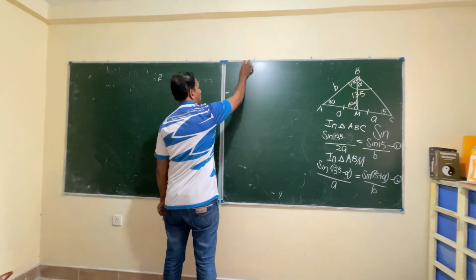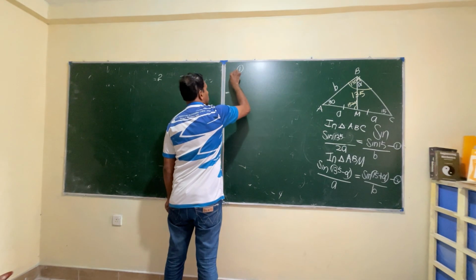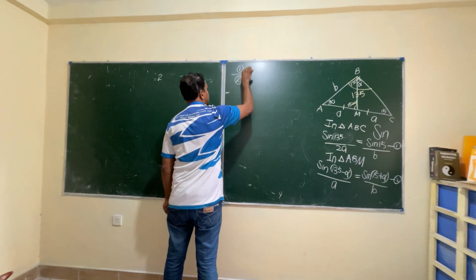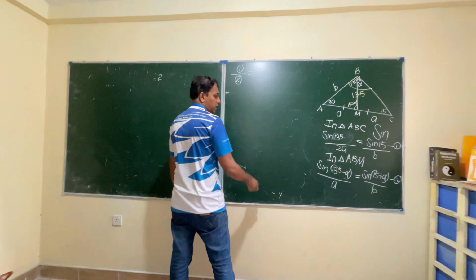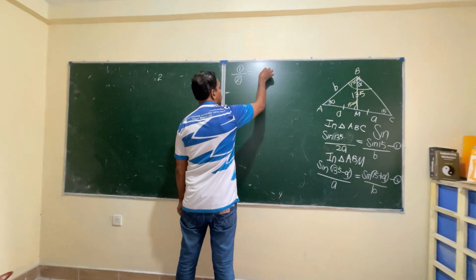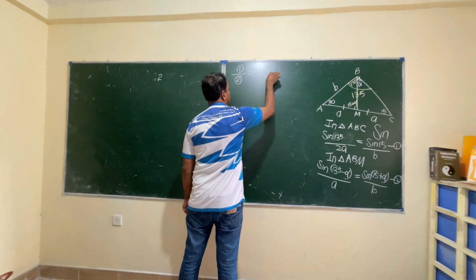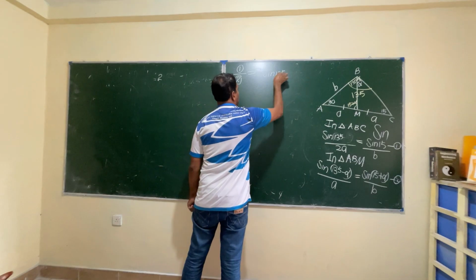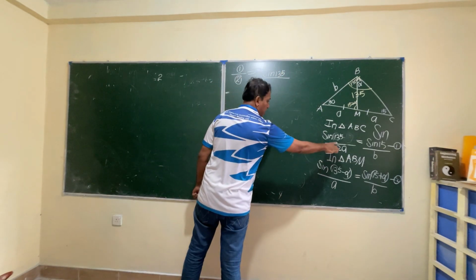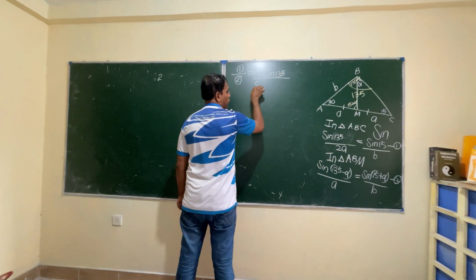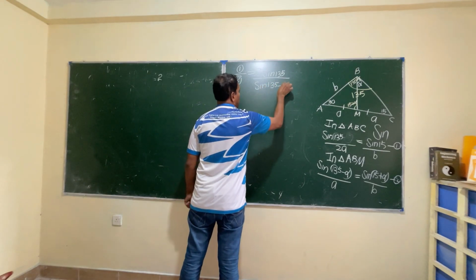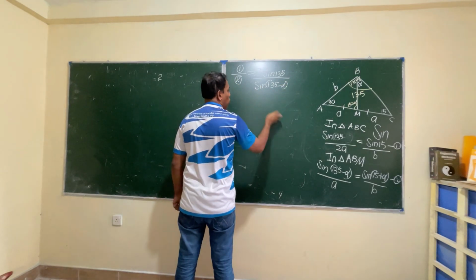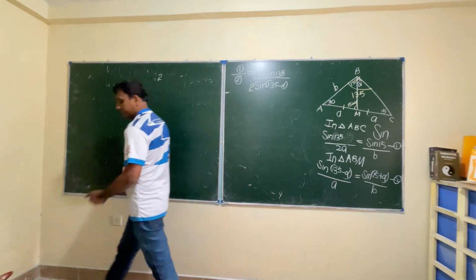So can I divide the first equation by the second equation? First divided by second: sine 135 divided by sine of 135 minus alpha, with the 2 also available.